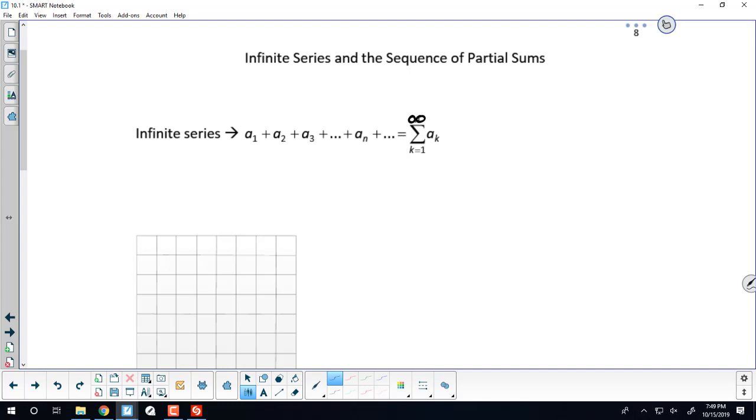So let's just start off by considering the sum from k equals 1 to infinity, 1 over 2 to the k.